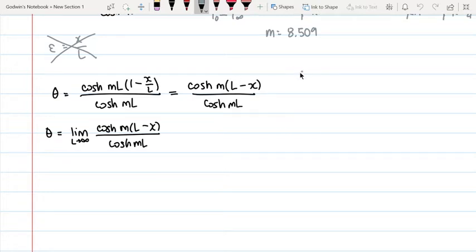So we know that a hyperbolic cosine of something, let's just say A, is just e to the A plus, that's what sets hyperbolic cosine apart from hyperbolic sine. Ang hyperbolic sine kasi is e to the a minus. So either way, e to the a plus e to the negative a over 2.